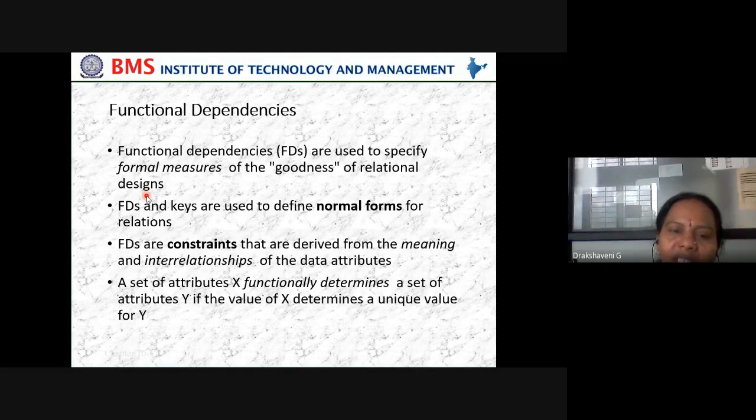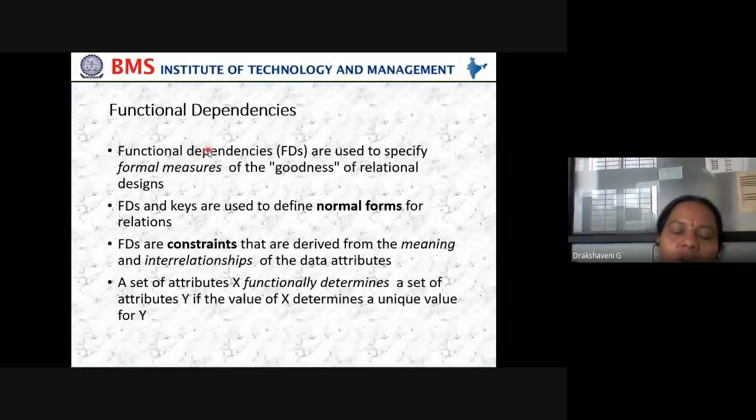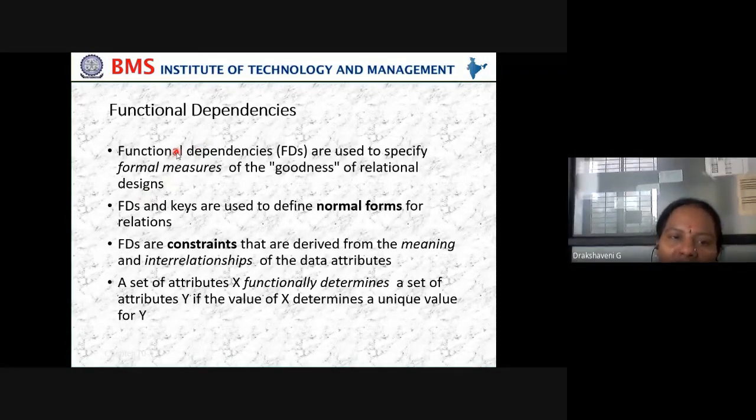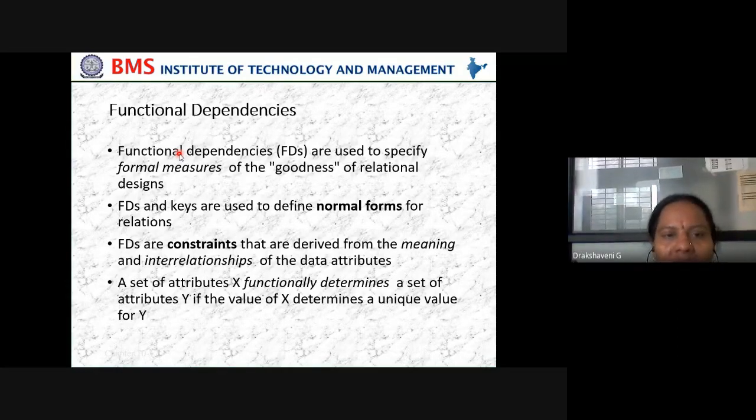BMS City College starts at 8:30 and goes till 4:30. What is the functional dependency here? All the students of third semester MCA should be available on campus, if it is offline, from 8:30 to 4:30. If he is absent, then his attendance will be less. That's how the dependency works.